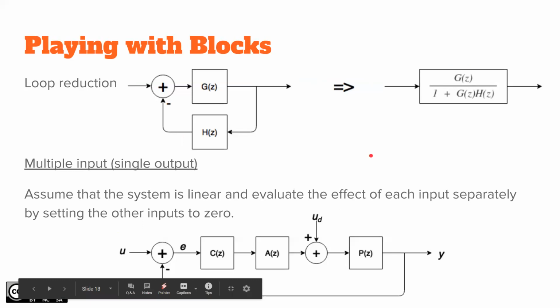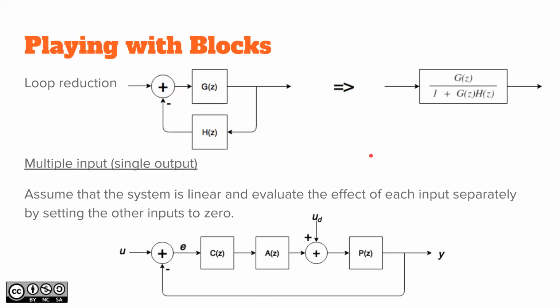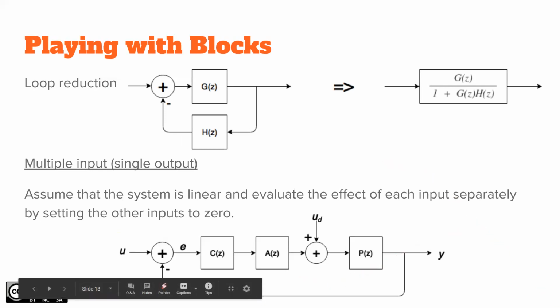The last picture here: multiple input but still single output. If we have a linear system, and we want to evaluate, for example, the effect of an external load on a system, that block diagram is actually a classic single loop control system.